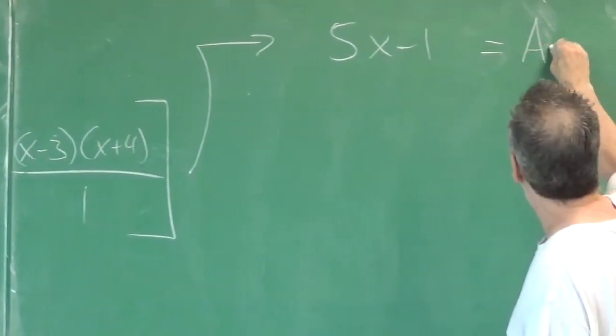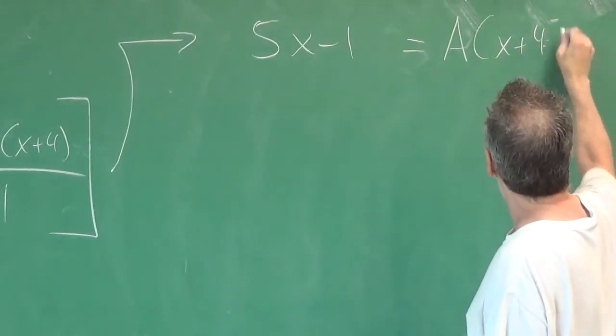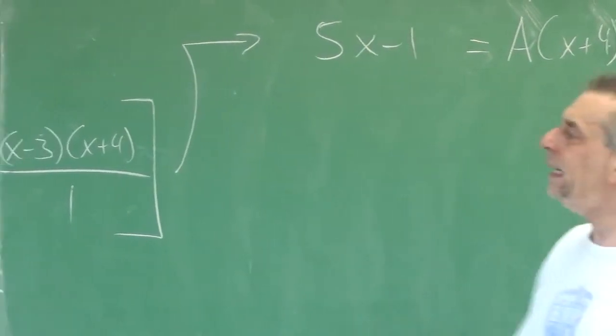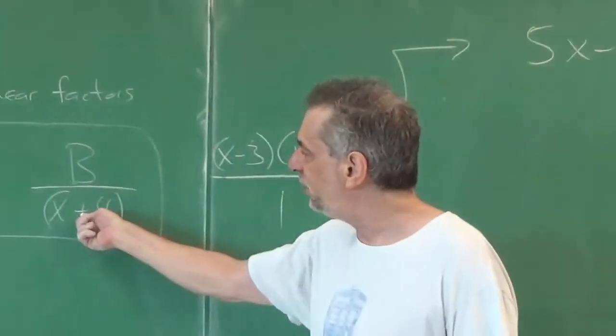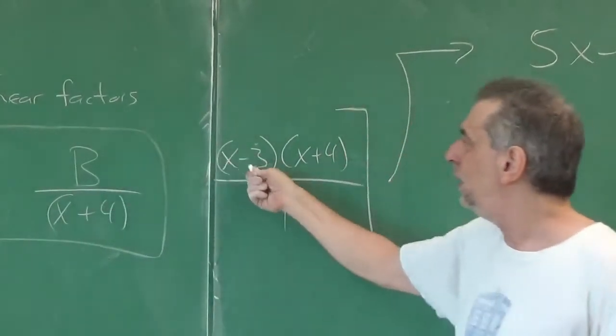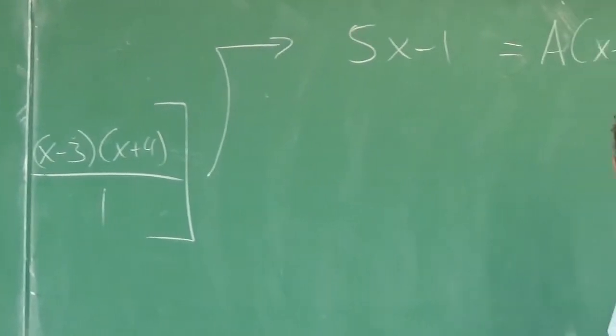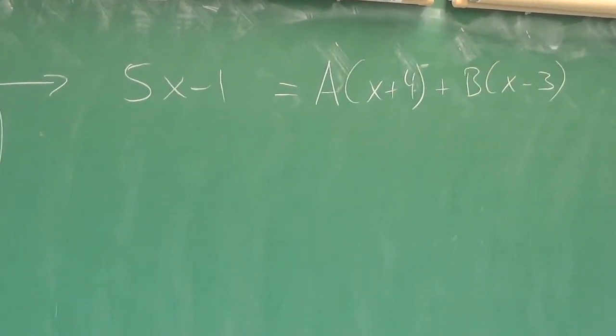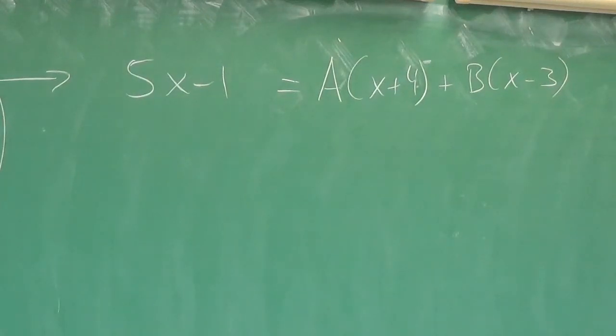So we get A times x plus 4. And similarly, this fraction times this fraction, the x plus 4's cancel out, we're left with the B and the x minus 3.